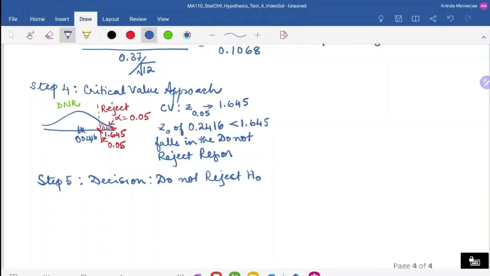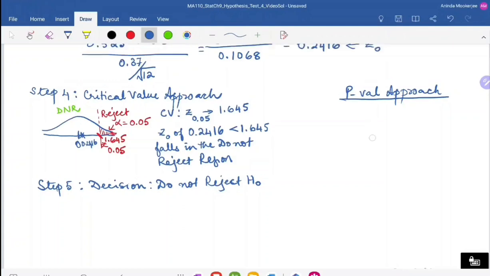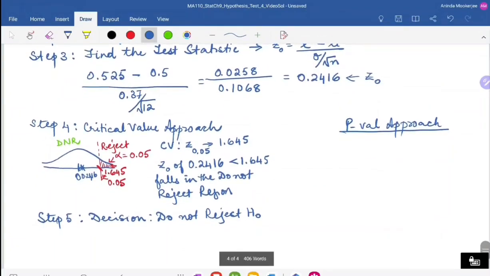However, we also have to show the p-value approach, because you have to come to a decision using both approaches. All right. So what do we do for the p-value approach? We start with our evidence, our test statistic.